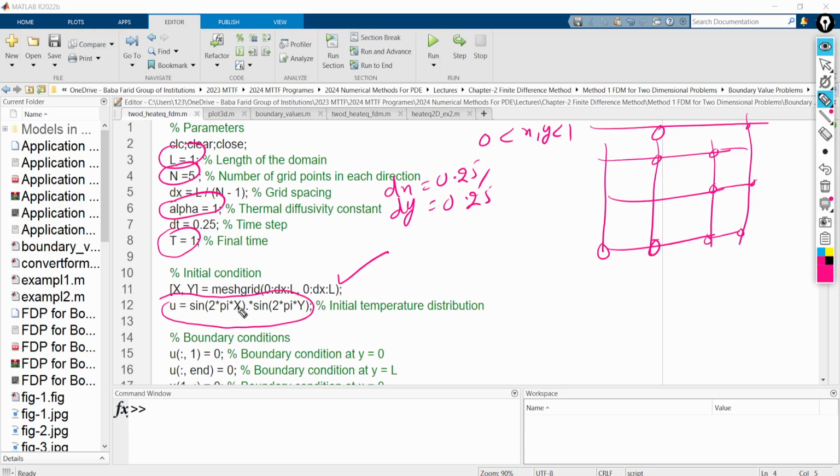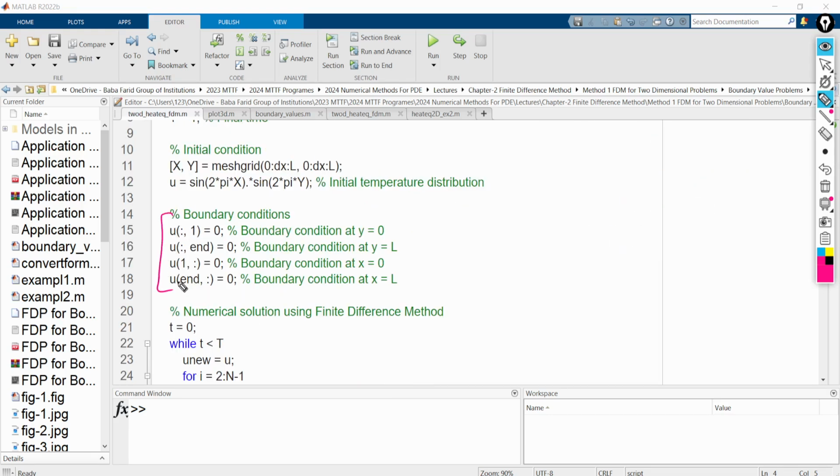Now here you can see these are the boundary conditions, and when t is greater than 0, all the values will remain 0. You can see u(:,1) is equal to 0, and this is the expression when y equal to 0. When y is equal to L, this is the end point.